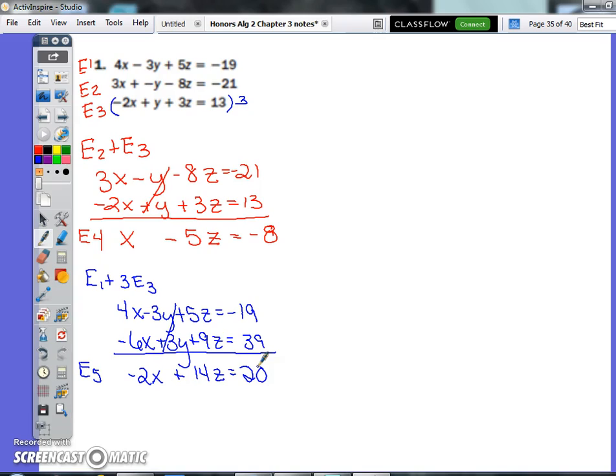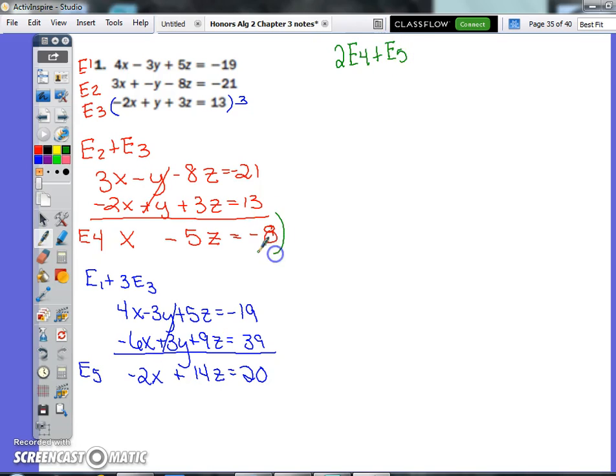What do we want to do with those x's? You want to cancel them out. How are we going to cancel out our x's with equation 4 and 5? 2 times equation 4 plus equation 5.